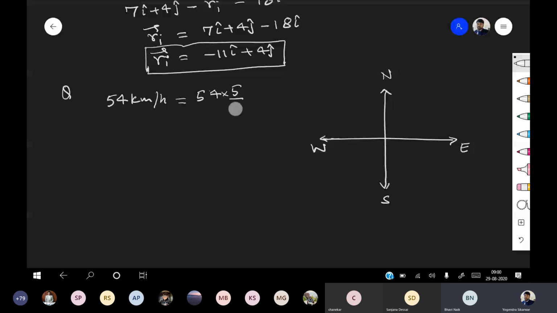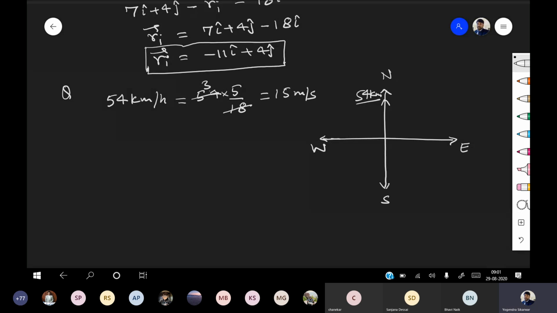So 5 into 3 becomes 15 meters per second. Okay. So first of all, it is going for 1 hour. That means it moves 54 kilometers in this direction.